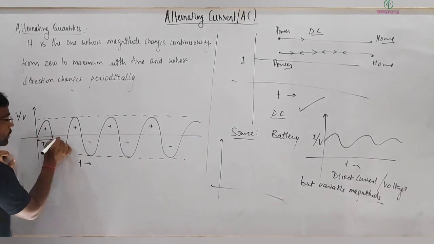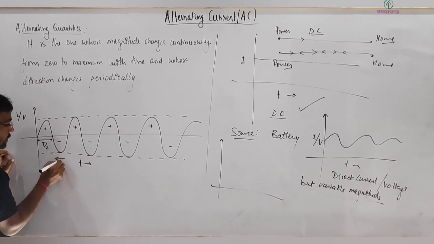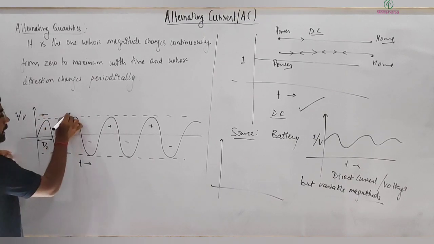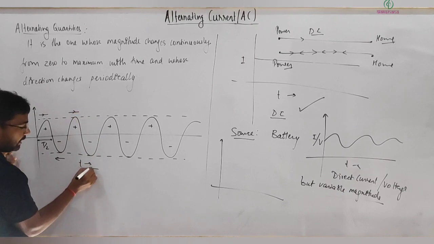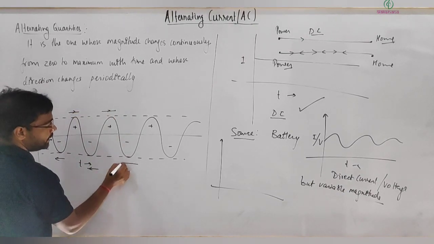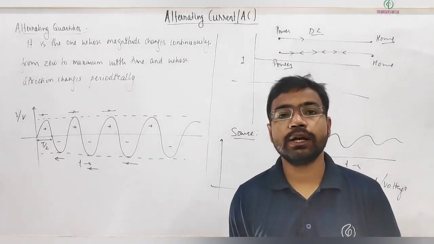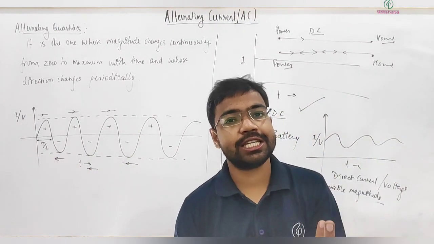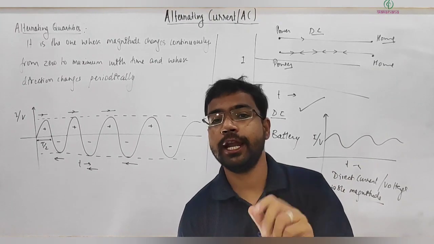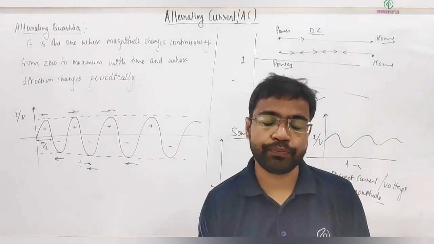Then from here to there, it's flowing towards the left. Again right, then left. This way the alternating quantity changes its direction, changes its polarity, like a battery would.